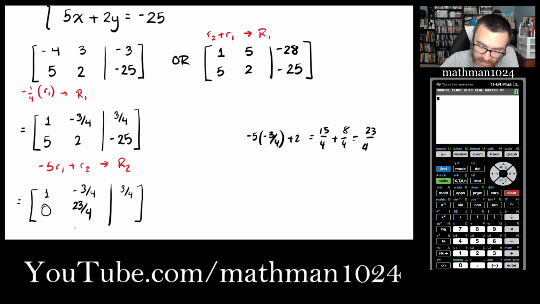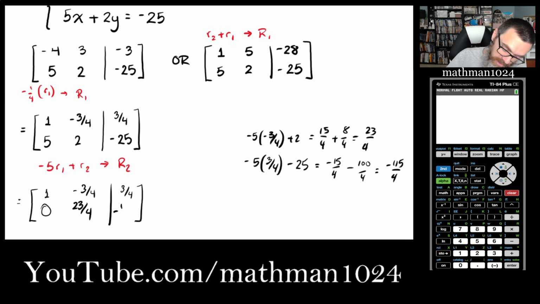And then I have something very similar for the next one. I need to do -5 times +3/4 and then subtract 25. So -15/4. 25 becomes 100/4. So that's -115/4.